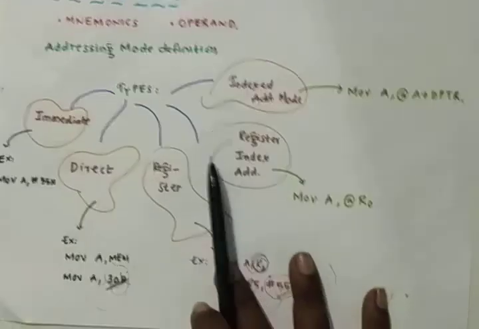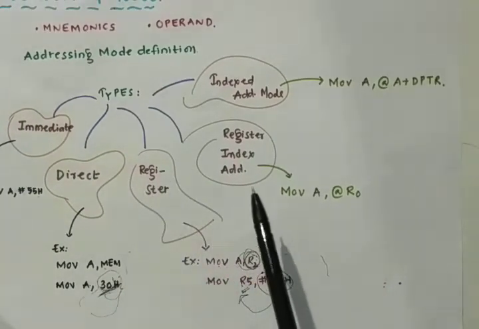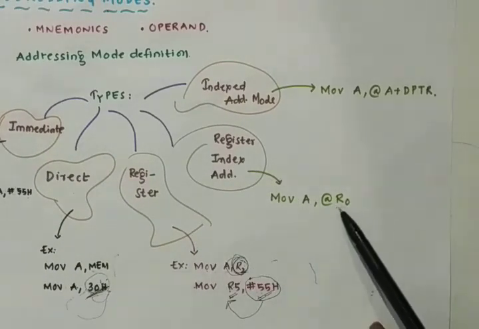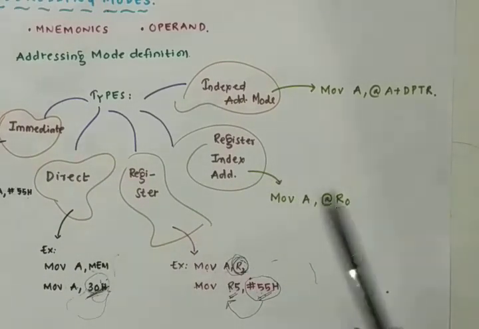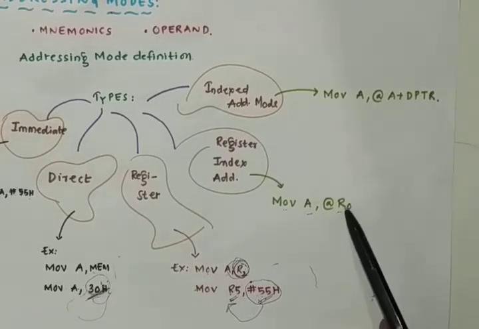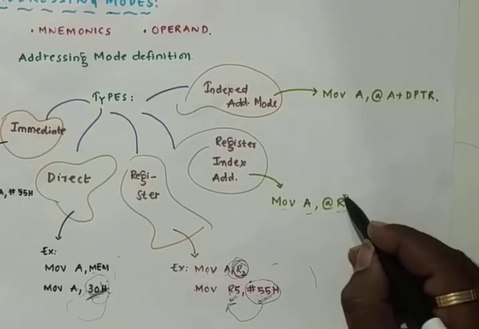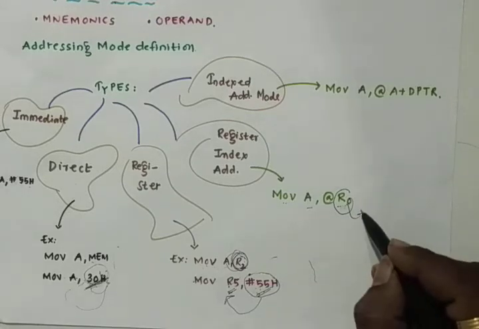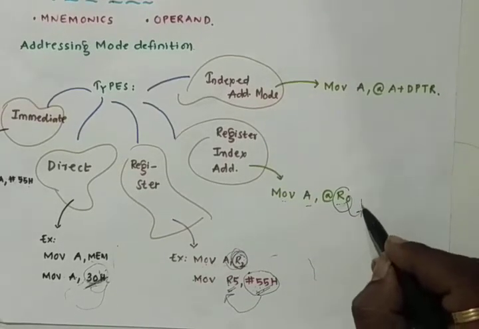In this addressing mode, the address of the operand is available in the register. That means, in MOV A, @R, this register is holding the address of that particular data.